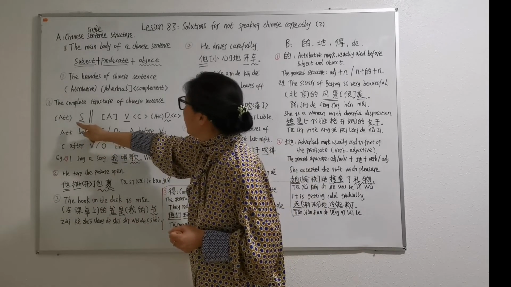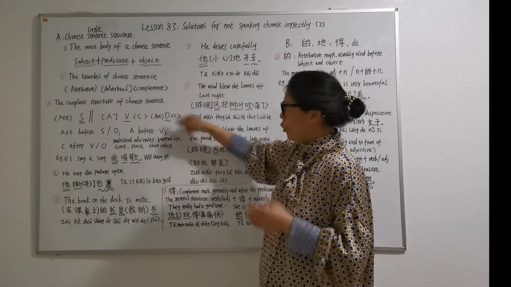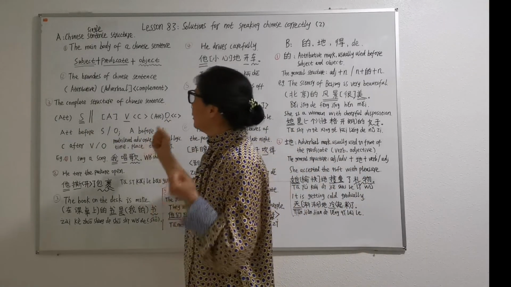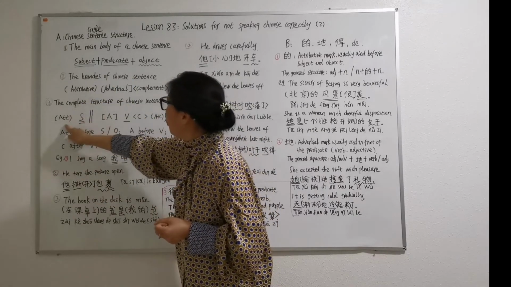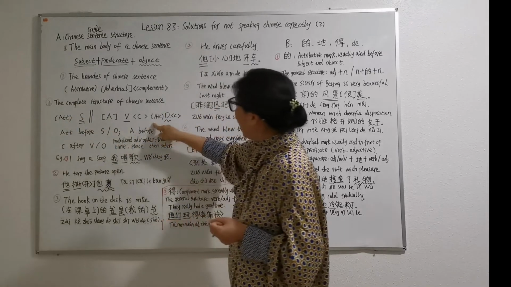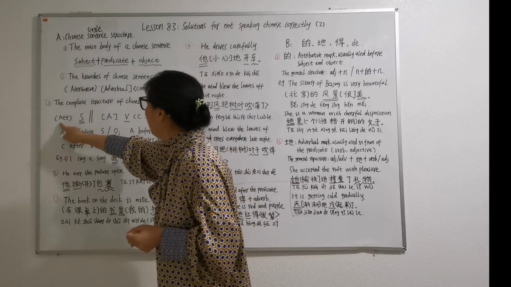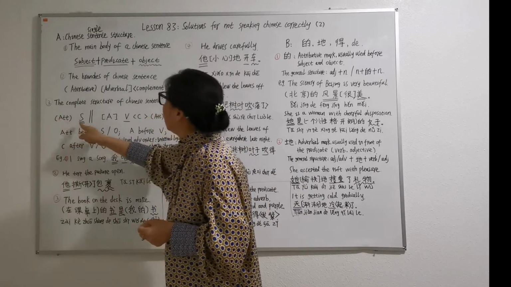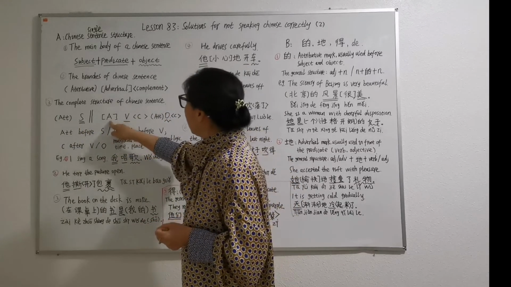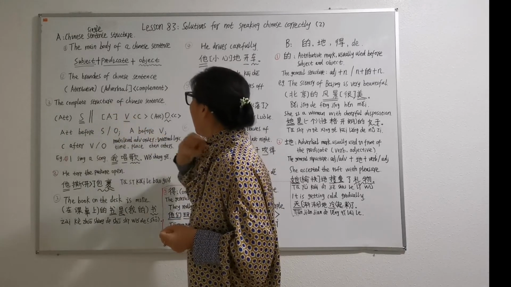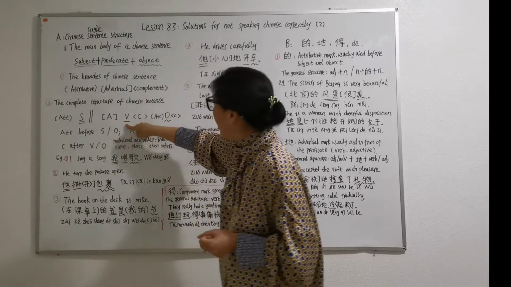Now, first, the main body: subject, predicate, and object. So, where are the branch elements? This attributive, and another attributive. So you can see attributive before subject or before object. And this adverbial before the predicate, or before the verb.